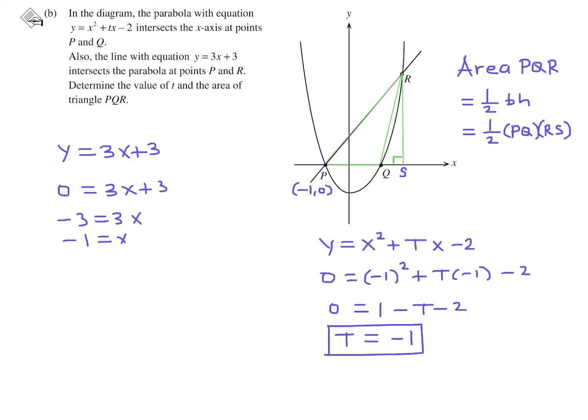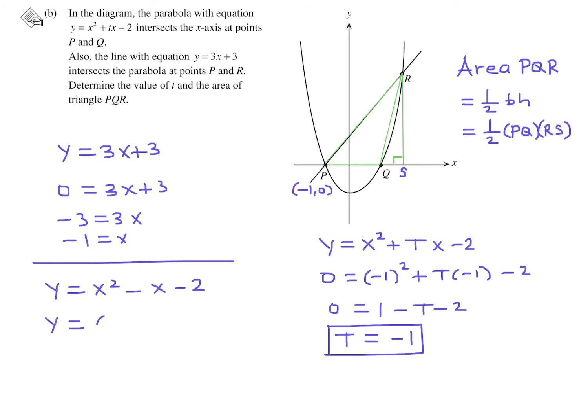Now all we have to do is figure out, I guess, the triangle's area. Now that we have t, we basically know what this parabola is. It is y is equal to x squared minus x minus 2, because t is negative 1.